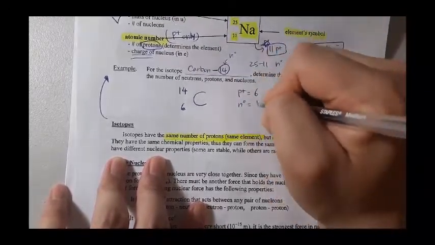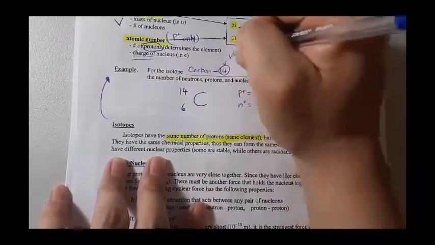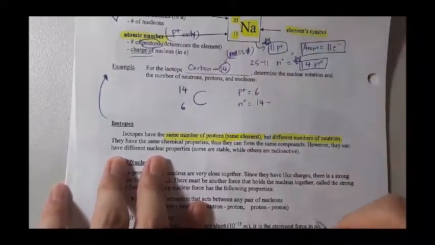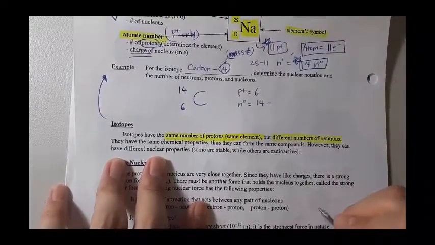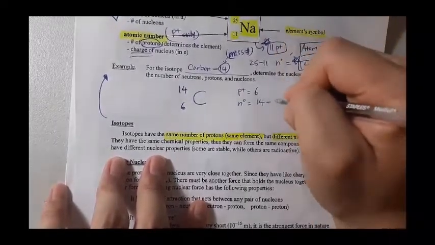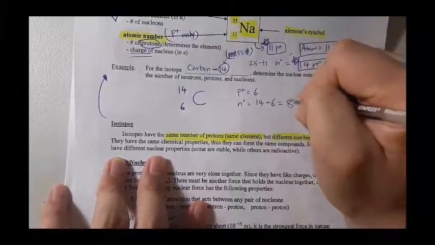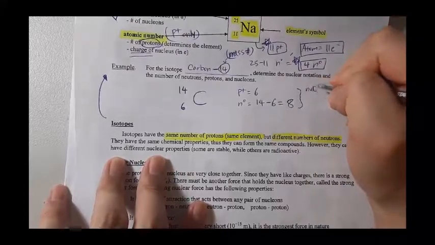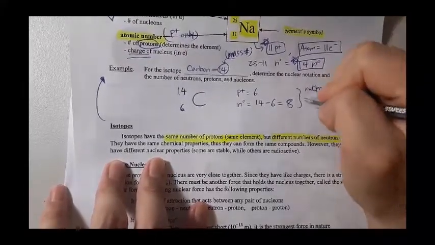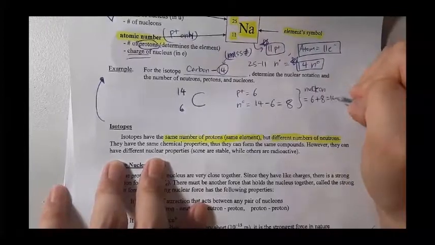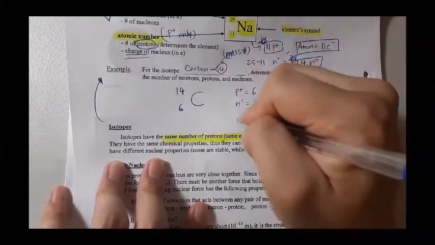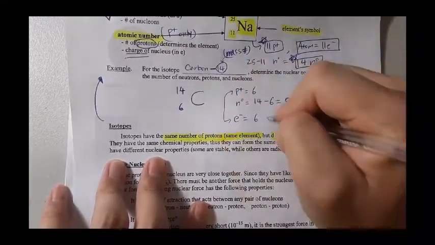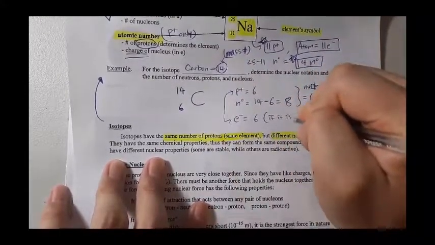Number of neutrons is the mass number minus the proton number: 14 minus 6, so you have 8 neutrons. The number of nucleons, the combination of proton number and neutron number, is 14. The electron number should be the same as the proton number if it is an atom.